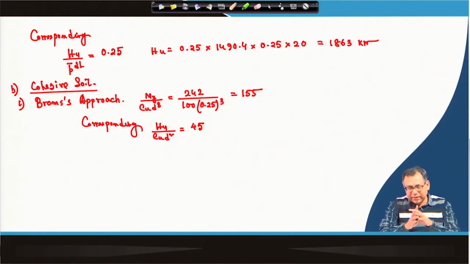Okay. Remember one thing, when you are taking some value from the chart, it may change depending upon the person who is taking that value, there may be a slight variation. So, for this type of problem in the assignments, I will try to give these values directly, or I will give the equations, and you have to use the equations, so that there will not be any difference between the results of different persons.